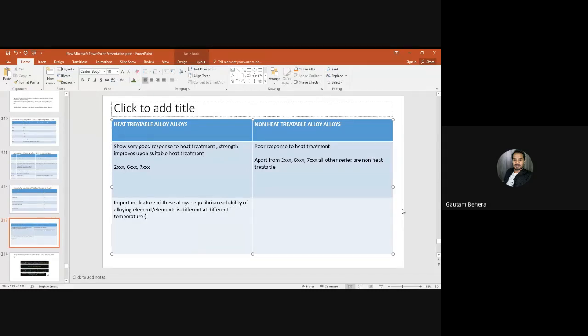Basically, it is common to everyone, but in what sense? That means at room temperature or at low temperature, alloys have very low equilibrium solubility, whereas at high temperature we have high solubility.